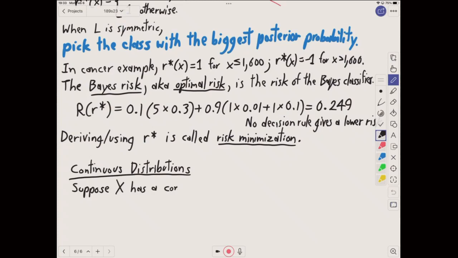So now, instead of having a discrete probability distribution for x, we have a continuous probability distribution, which we assume can be specified as a probability density function, or a PDF for short. Something you've been hopefully thinking about a lot for the last 2 weeks, as you do homework too.